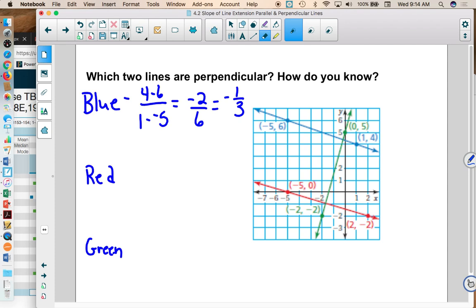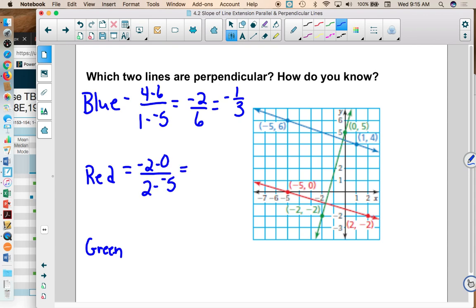Okay. The red line, what is the slope of the red line, Ty? I did -2 minus 0, and then I did 2 minus -5. Okay, and so what's your slope? -2/7. Is he correct? -2/7, okay? Somebody tell me, what is the slope of the green line?